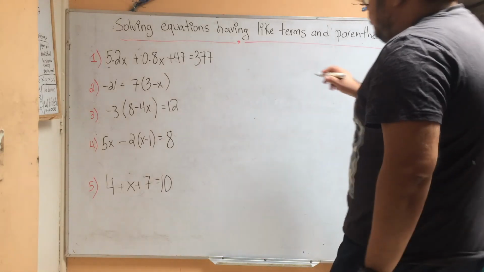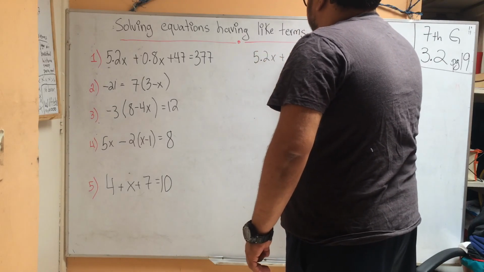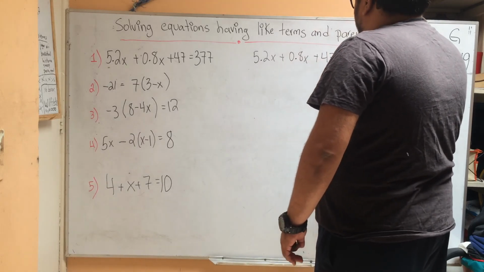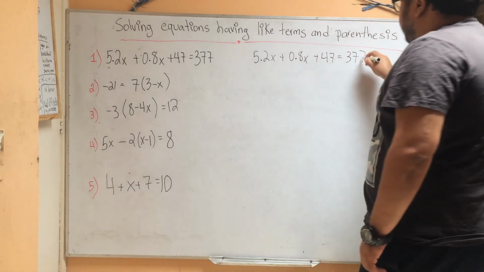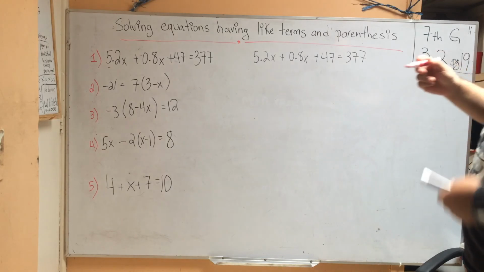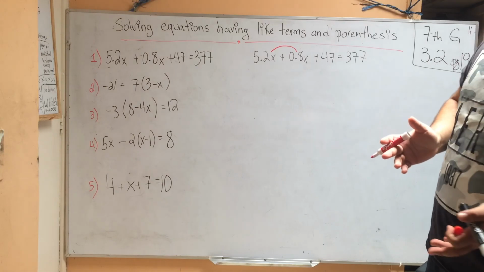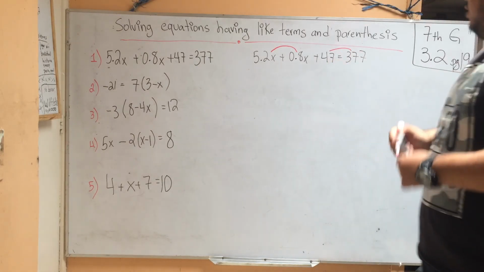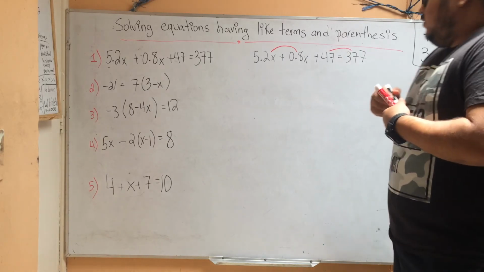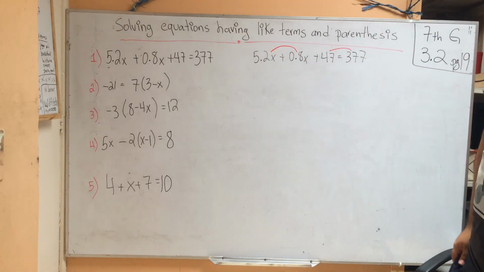There are two terms that have the same variable, and we have two numbers by themselves, 47 and 377. So we group them so that we can solve. We leave the variables on one side and move the numbers to the other.